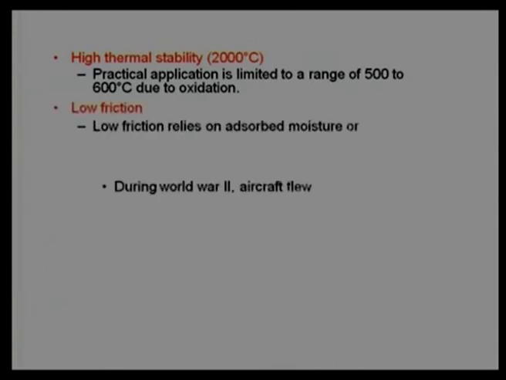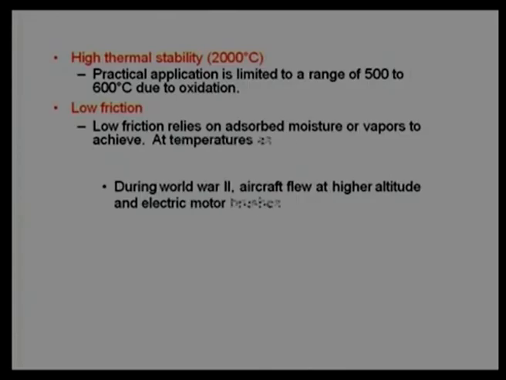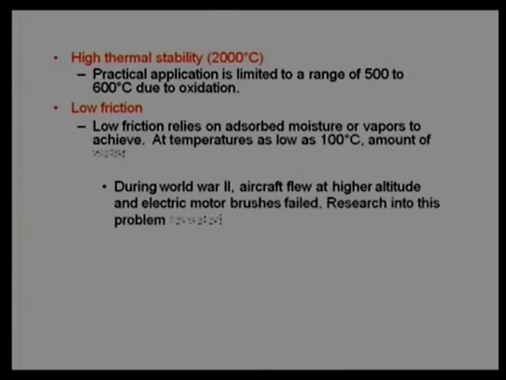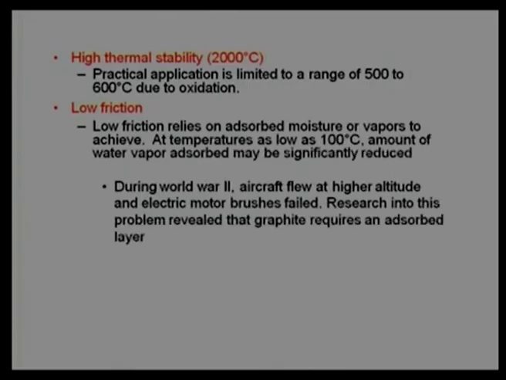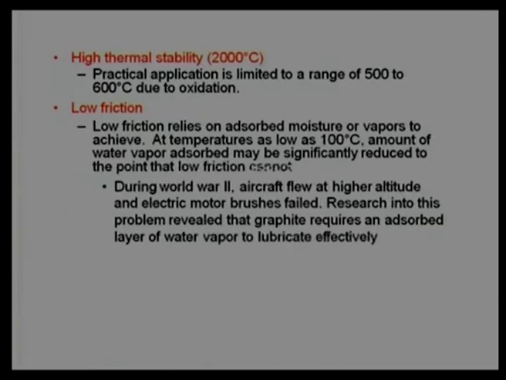Another point is that this low coefficient of friction basically depends on the moisture, and some experiments done in the lab indicate that. There was also an analysis of components that failed during World War II.